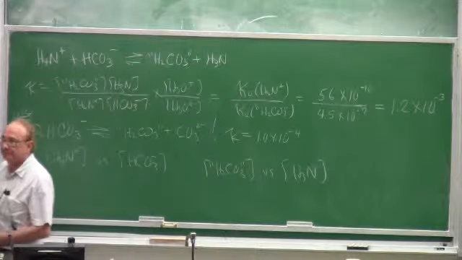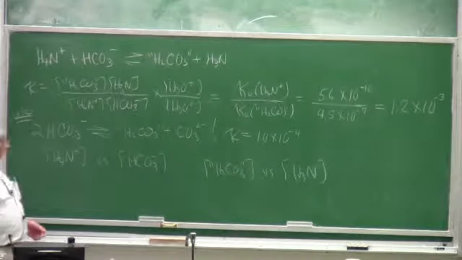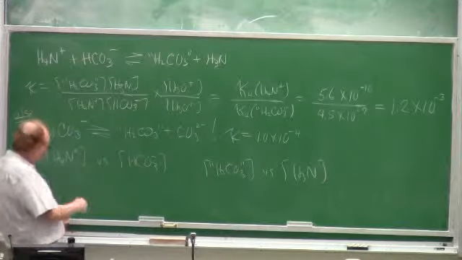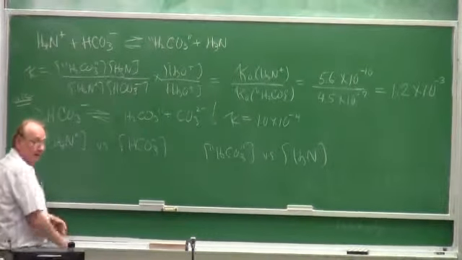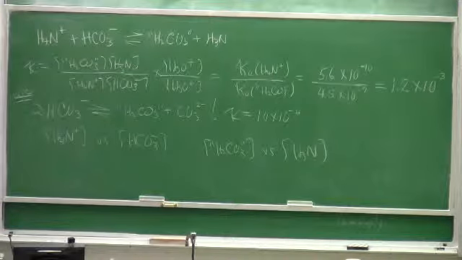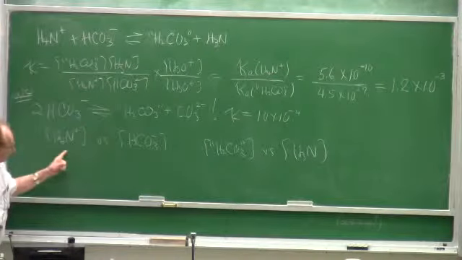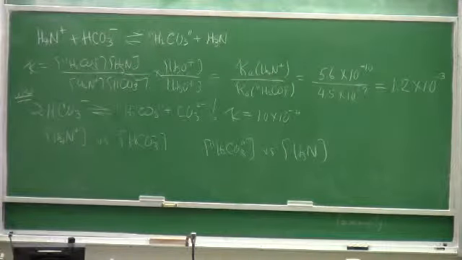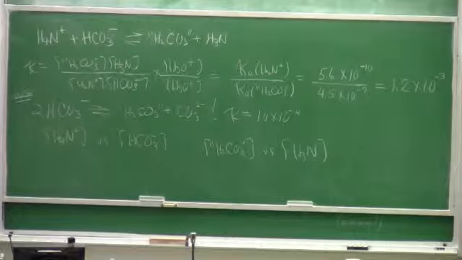Because if they're not equal, which they are not, one is bigger than the other. Between these two, at equilibrium for this solution, which species has the higher equilibrium molarity? Ammonium ion or bicarb ion? Bicarb. I heard a vote for bicarb. It's one or the other, that's for sure.